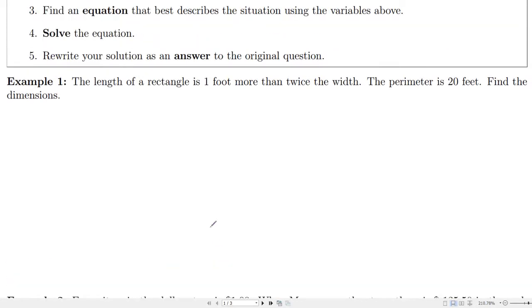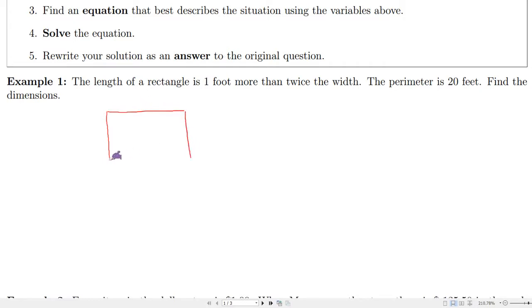Okay, so in this first example here, we're told that the length of a rectangle is 1 foot more than twice the width. We're given some information about the perimeter. The perimeter is 20 feet, and we want to find the dimensions of the rectangle. So following our strategy up above, let's draw a picture first, and then we'll be able to assign some variables.